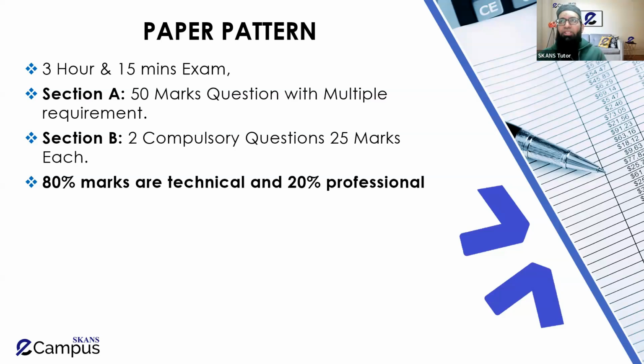Which means in section A, out of 50 marks, 40 are technical and 10 marks are professional. Similarly, in section B, out of 25 marks, 20 are technical and 5 are professional.